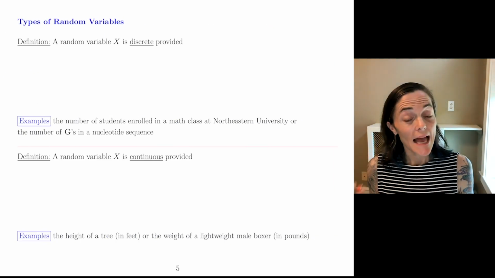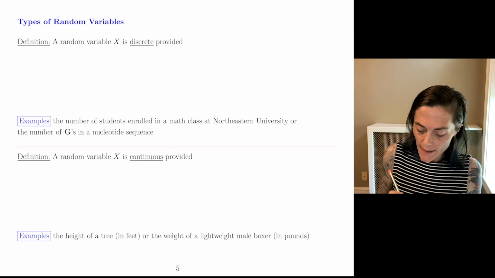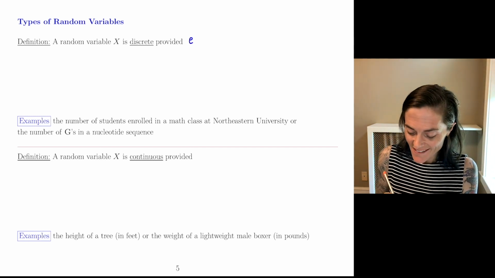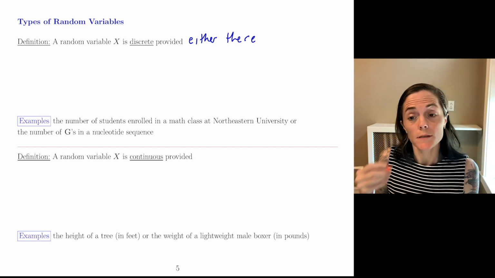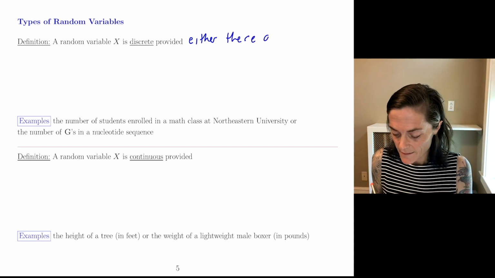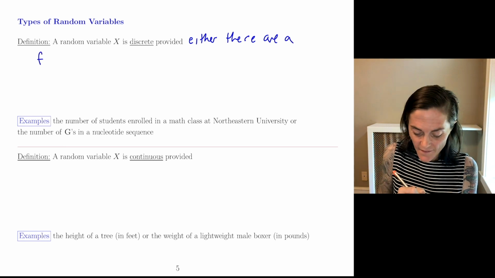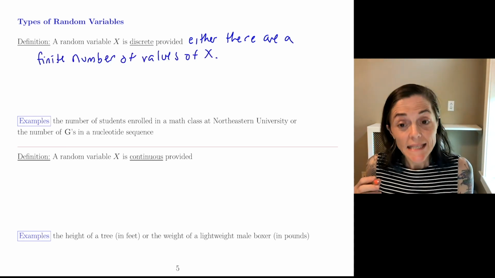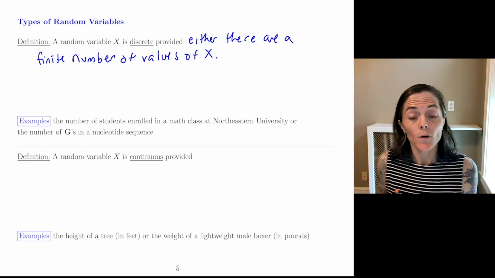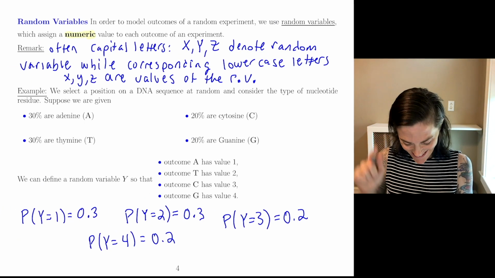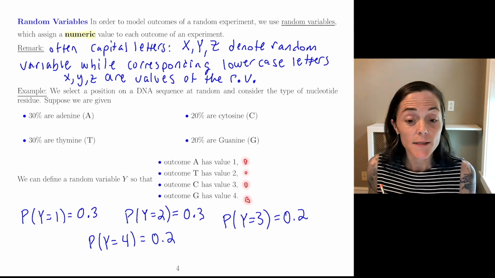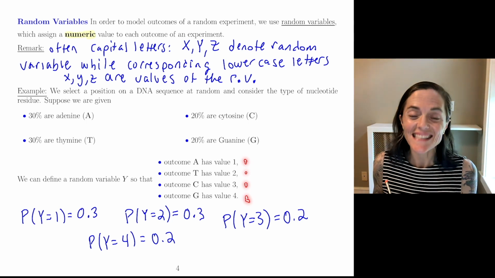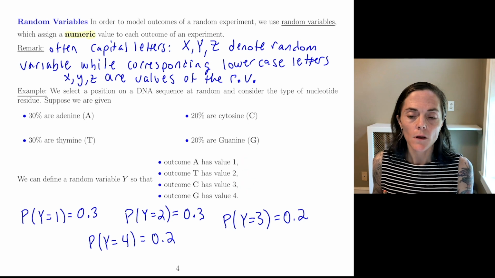A random variable X is discrete provided, well, either there are a finite number of values of X. This is what we just saw in the last example. We have 1, 2, 3, 4 possible values of random variable Y. This is a discrete random variable.